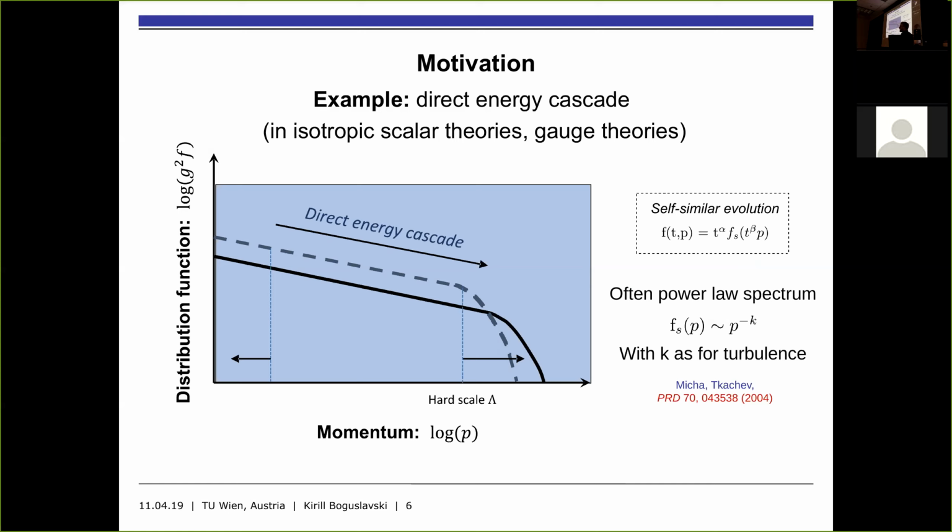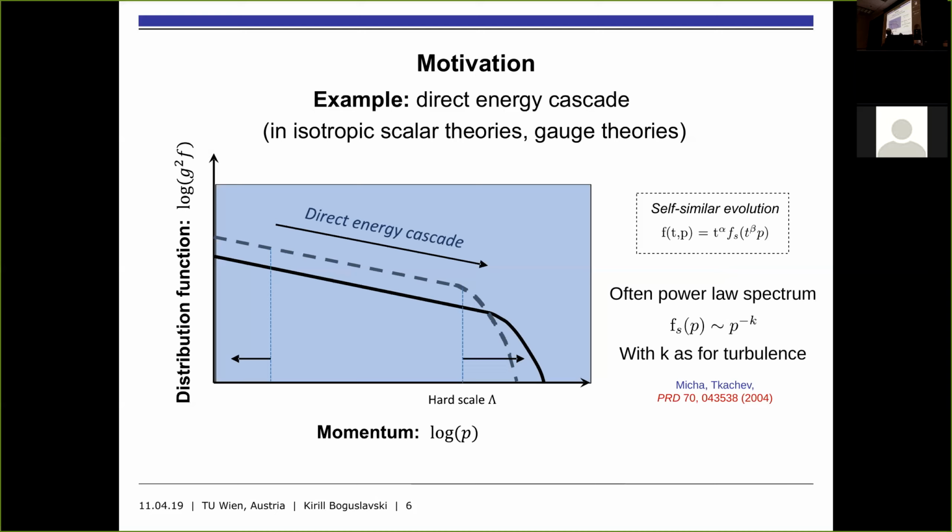They just arise from the dynamics automatically without any fine tuning. And you have a universal scaling function. So also this shape is universal. You can rescale your occupation numbers and the momenta according to those power laws, and you will see that this form stays the same.